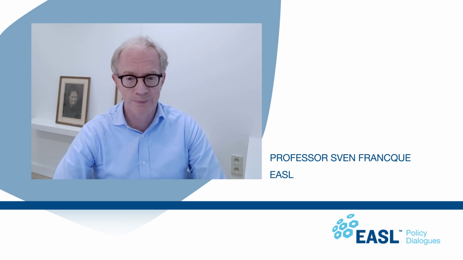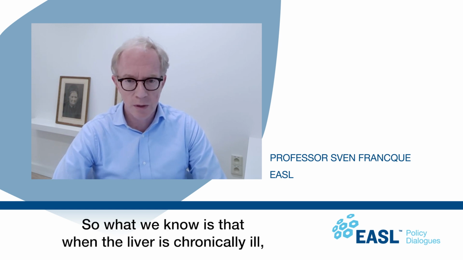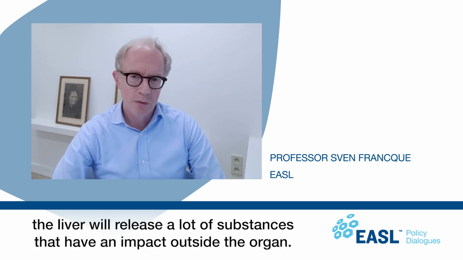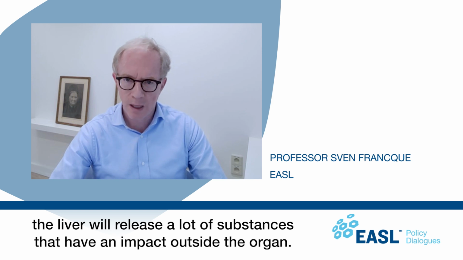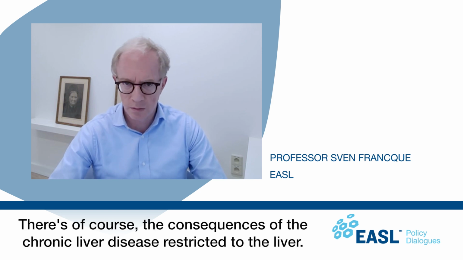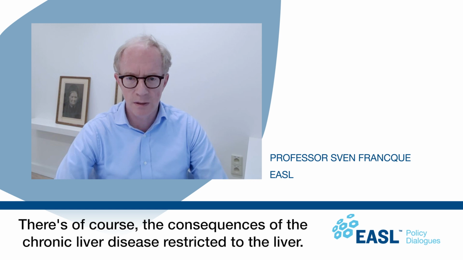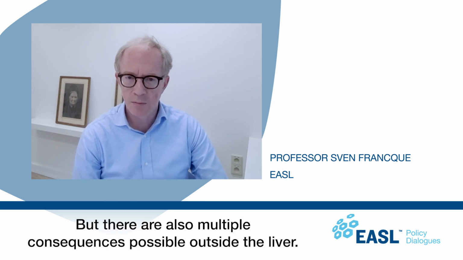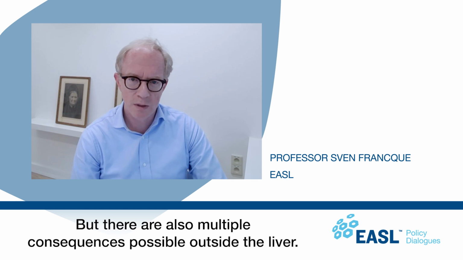multiple directions. So what we know is that when the liver is chronically ill, the liver will release a lot of substances that have an impact outside the organ. There are, of course, the consequences of the chronic liver disease restricted to the liver, but there are also multiple consequences possible outside the liver.